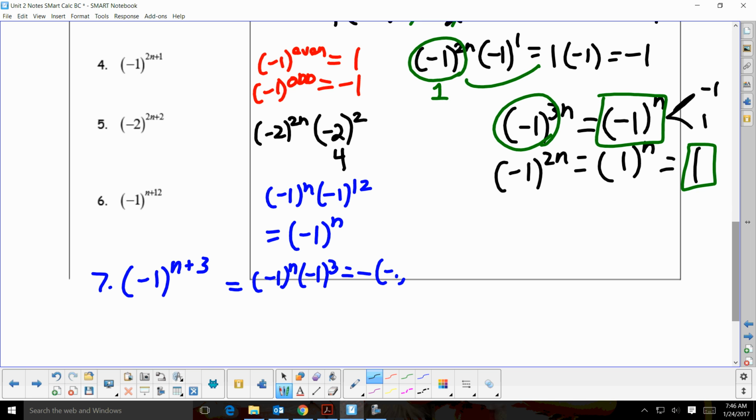I also did negative 2 to the 2, like I squared it. And this is what? 4. Good. So it's like 4 times 4 to the n. That's what I would simplify it to. And that's going to allow me to see some other things.